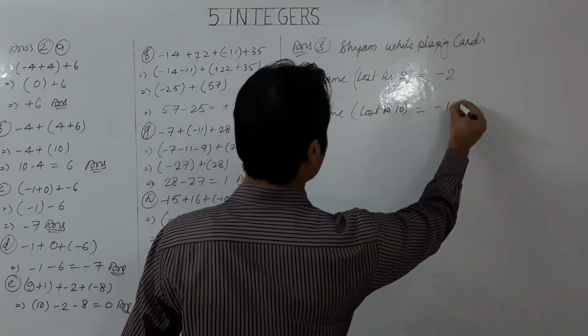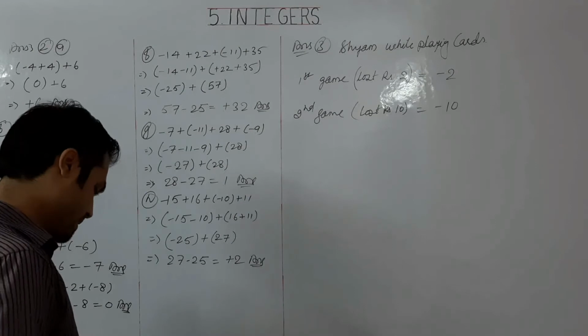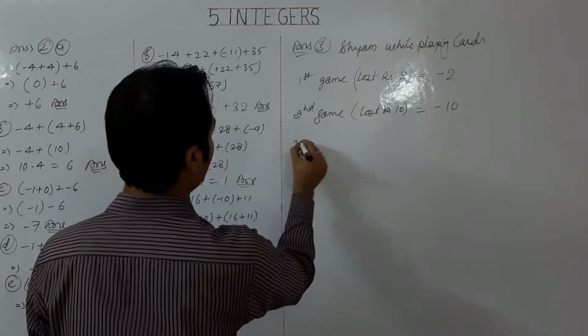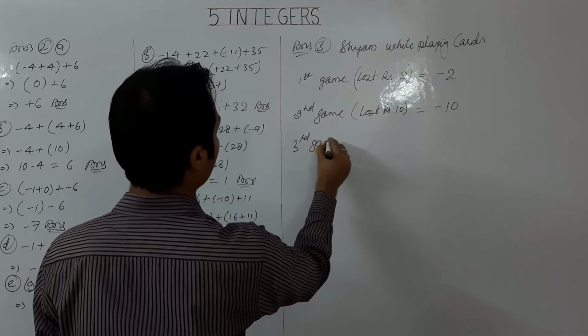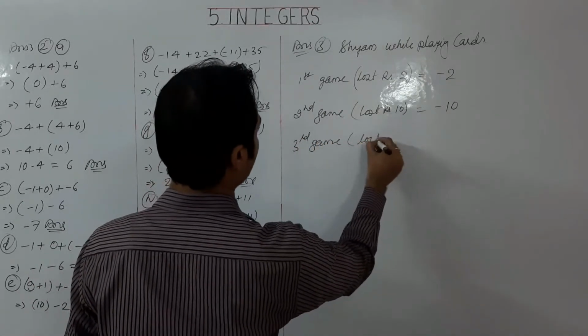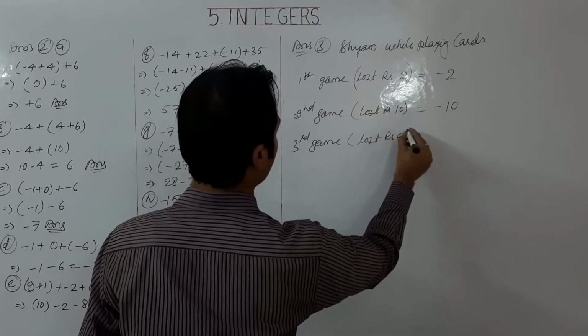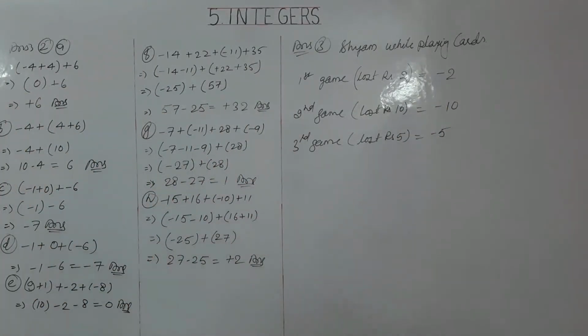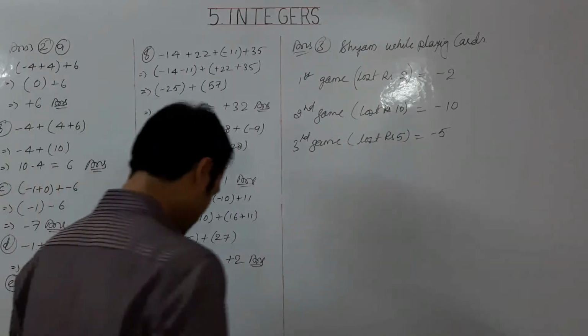So we'll write minus 10. Then 5 rupees in the third game, again lost rupees 5. Minus 5, because 5 is the net gain or loss and minus is for loss. Negative 5 or loss of rupees 5.